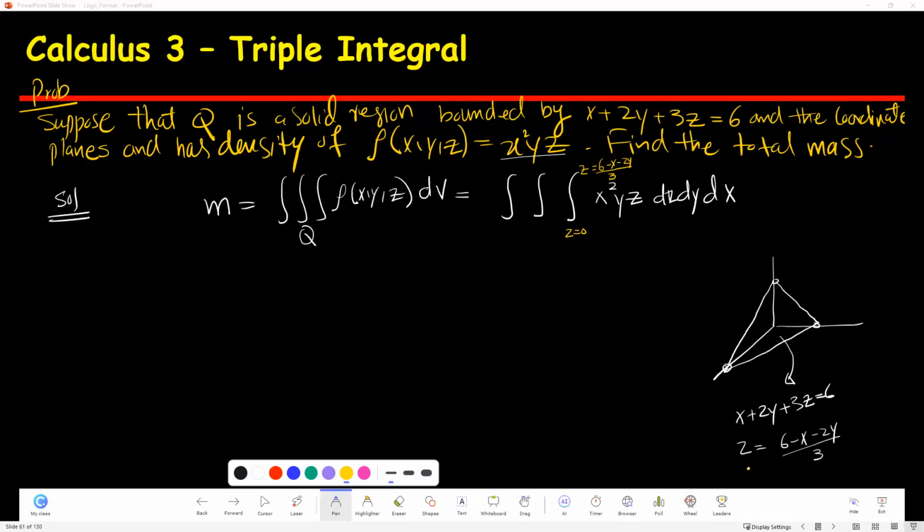Now I want the limits for y. I'm going to take this function again and set z equal to 0. So x plus 2y plus 0 equals 6, and 2y equals 6 minus x, so y equals 6 minus x divided by 2.